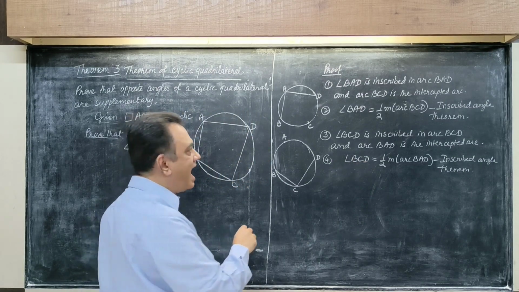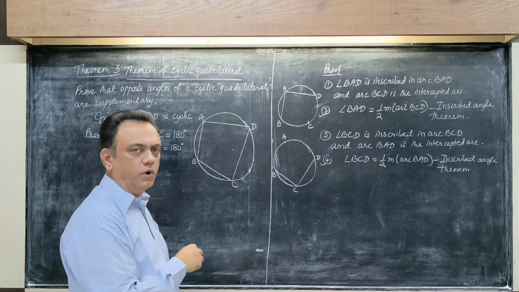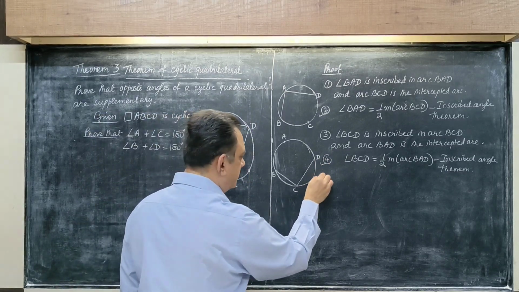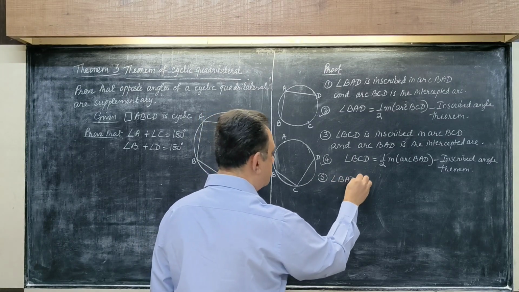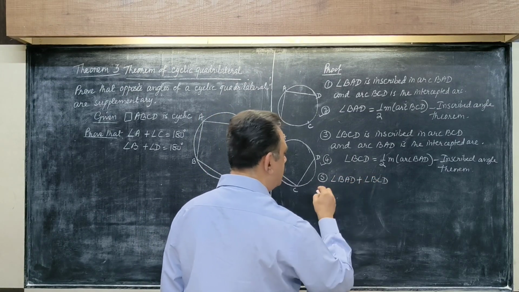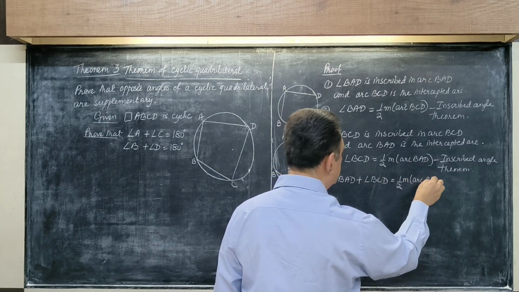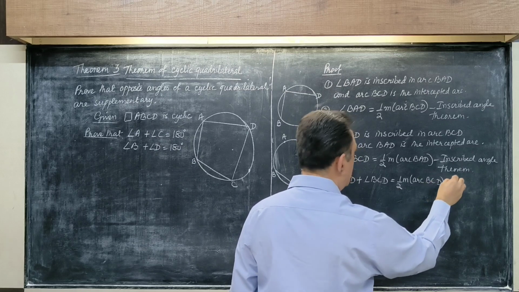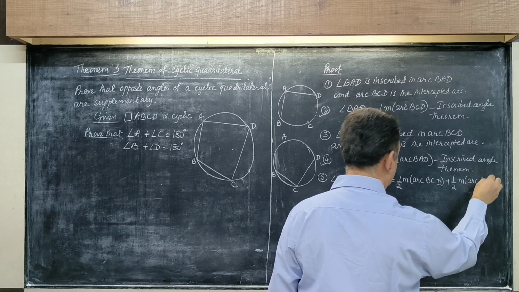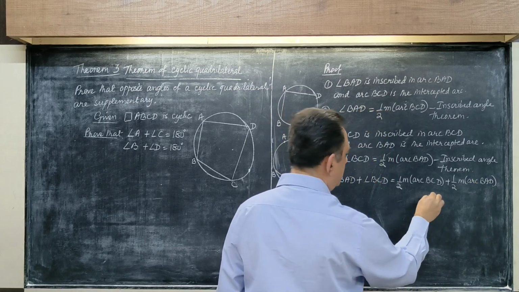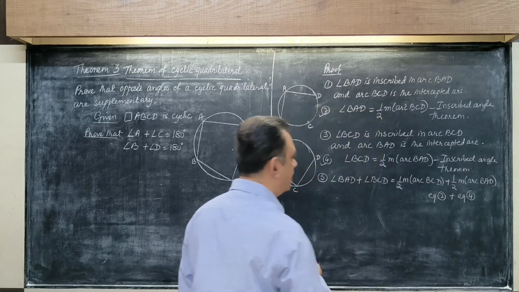Now I'll add step number 2 and step number 4. That will make my step number 5. Angle BAD plus angle BCD is half measure arc BCD plus half measure arc BAD. Equation 2 plus equation 4, I have added these.